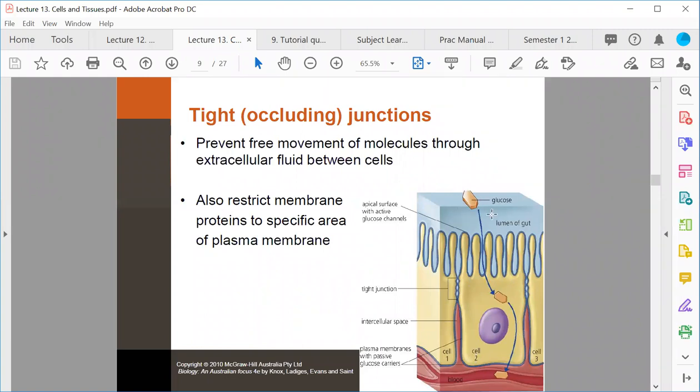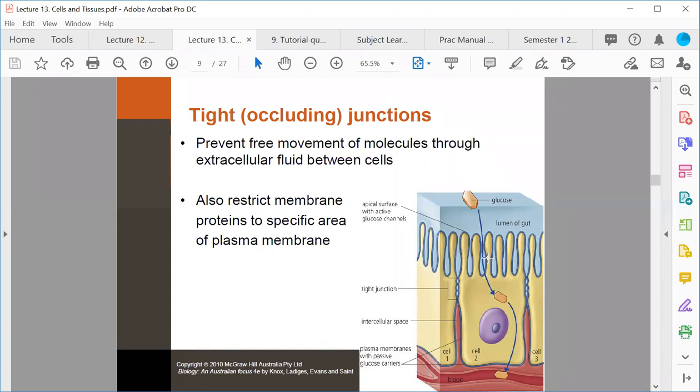So here's the lumen of the gut, so the inside of the gut here. And we can see that we've got some glucose within the lumen, and that glucose has to be transported into these cells. So the glucose is, firstly, actively transported into this cell.